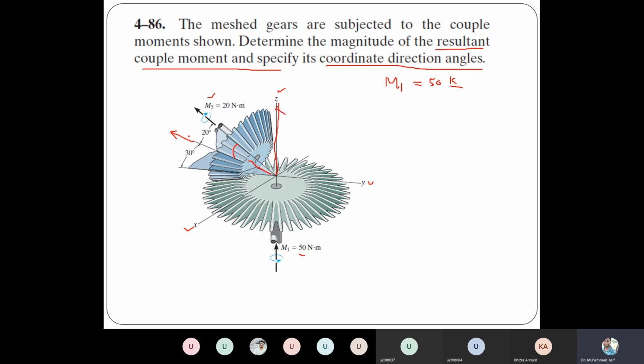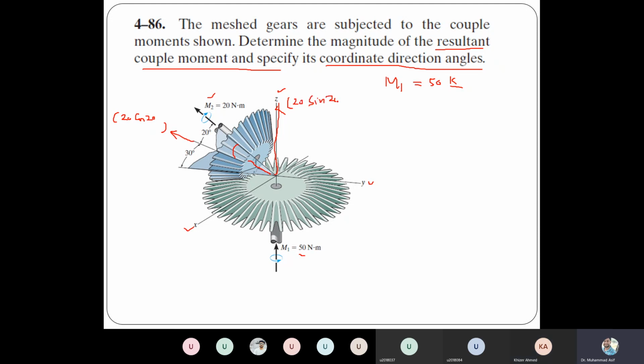Using the 20 angle, what is the component along this direction? 20 cos 20. And the value along the z direction? 20 sin 20.